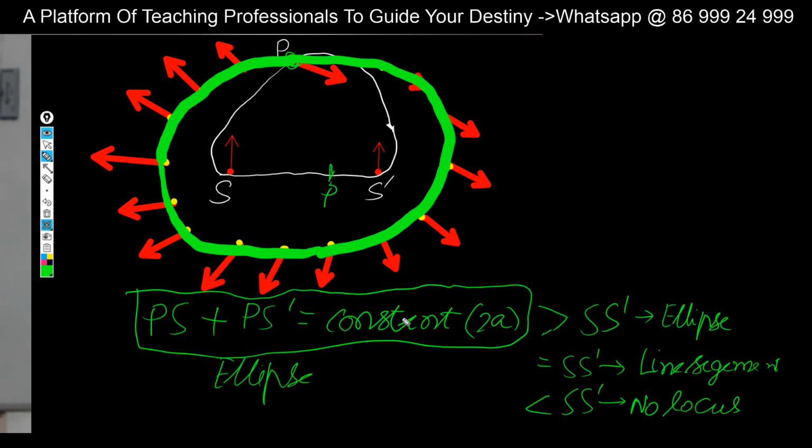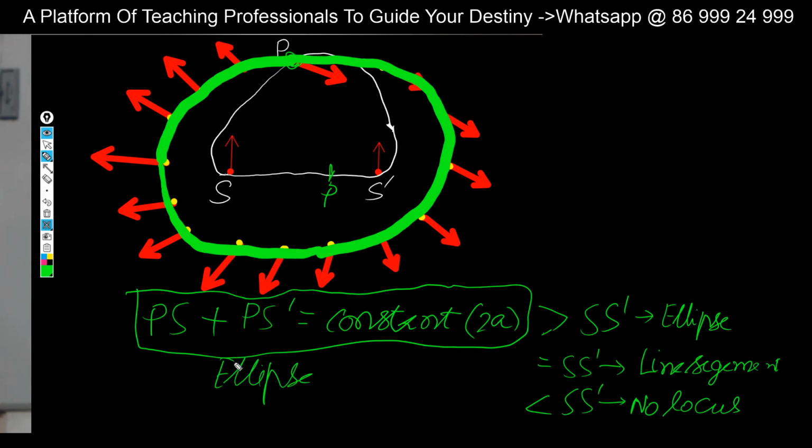So, not always PS plus PS dash becomes an ellipse, but if it is greater than SS dash, it becomes an ellipse. If it is equal to SS dash, it becomes a line segment, line segment SS dash. If it is less than SS dash, that becomes no locus. There is no locus formed on it. So this is the meaning of that.